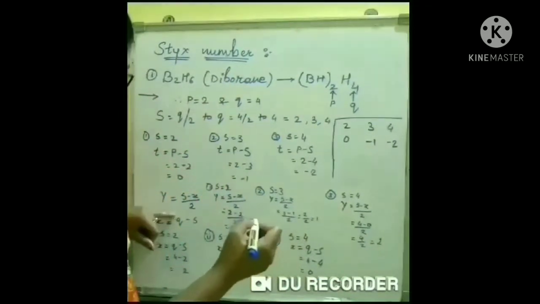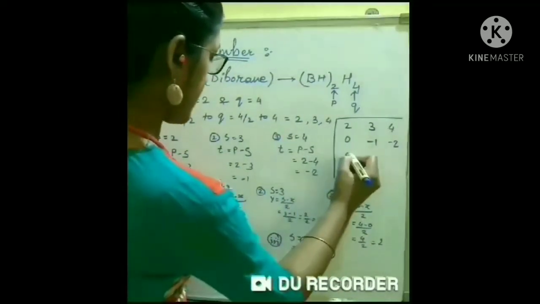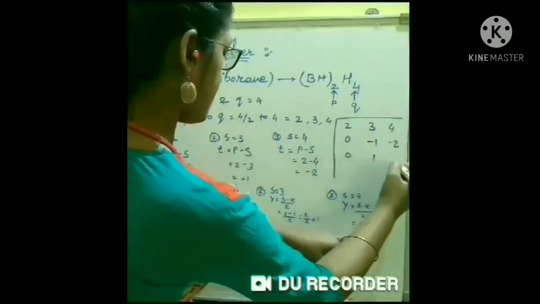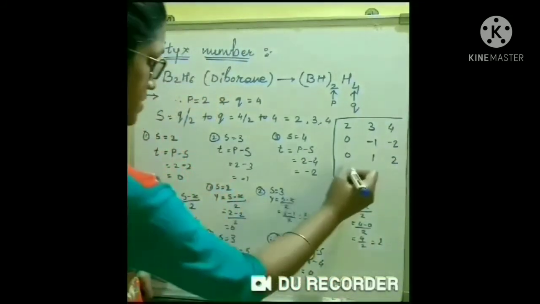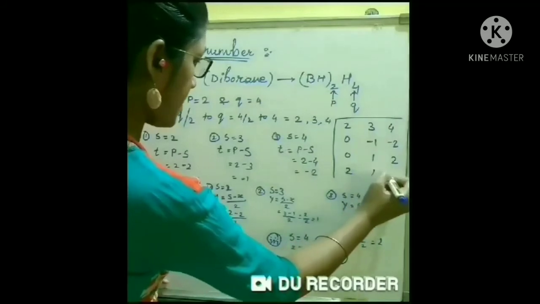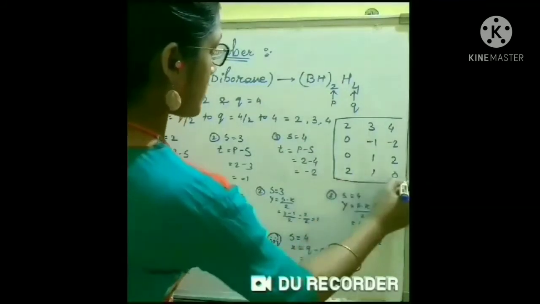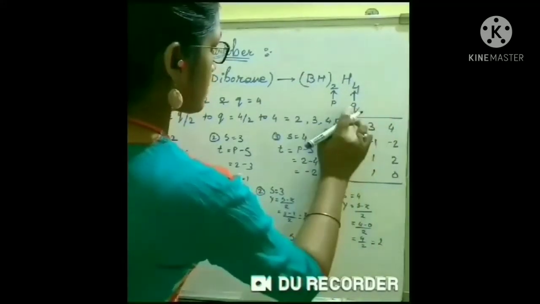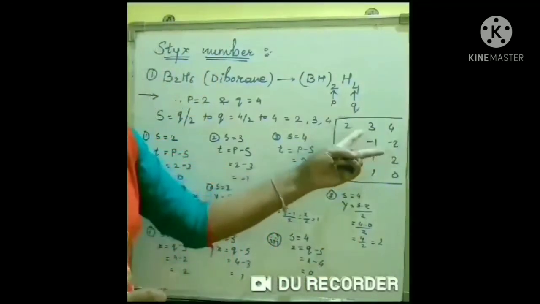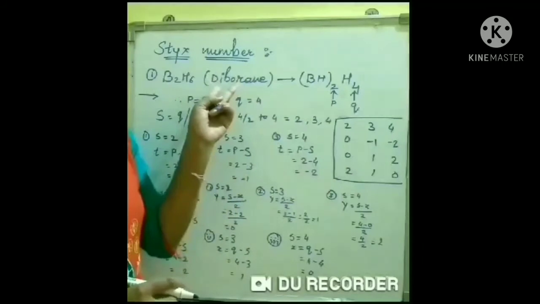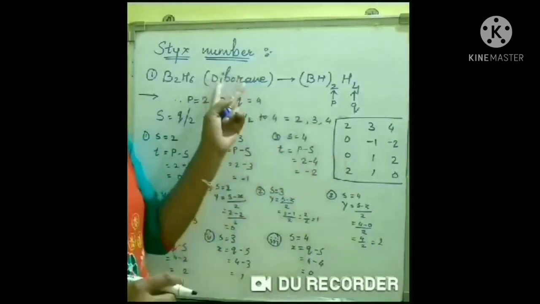Then the values of Y are 0, 1, 2. And the values of X are 2, 1, 0. These are the three possible styx numbers of diborane.